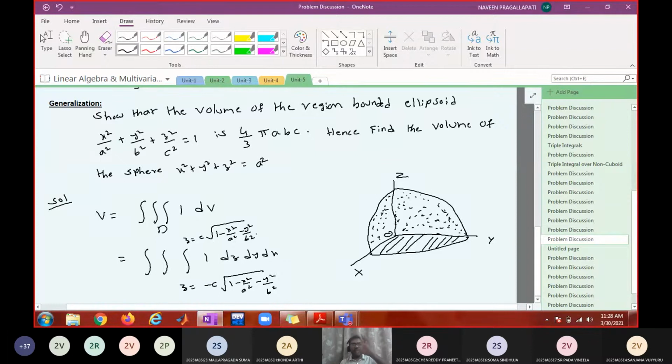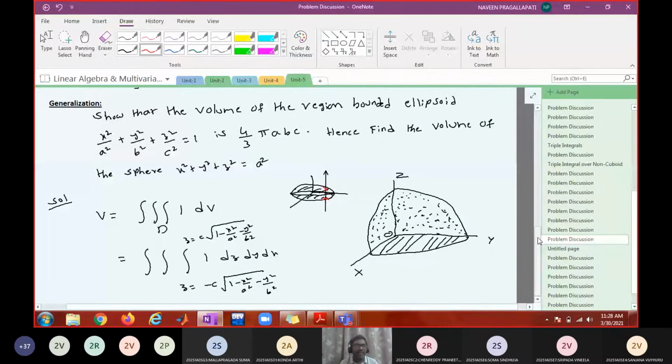Because when you draw a line parallel to the z-axis, since this ellipsoid is equally occupied in all the 8 octants, it will enter through the ellipsoid and leave through the ellipsoid. You can see that here.